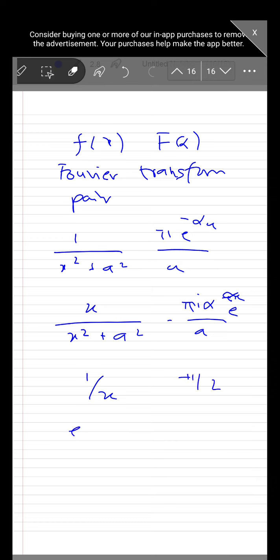If it is e to the power minus a mod x, it will be 2a divided by alpha square plus a square. It is similar to what has happened here.